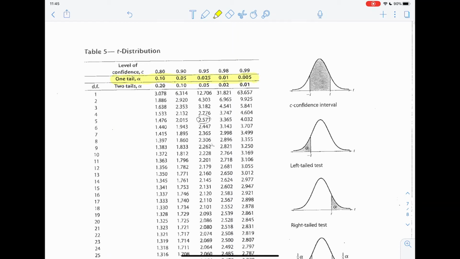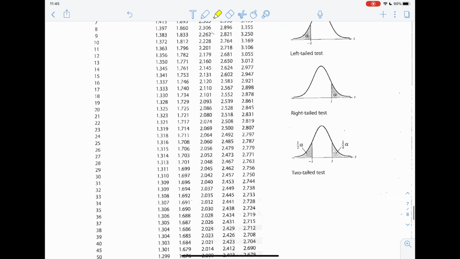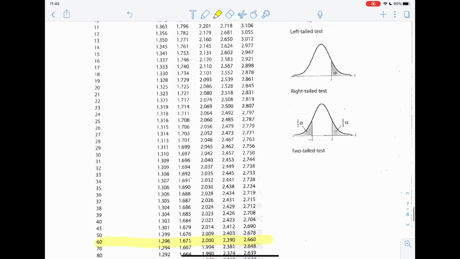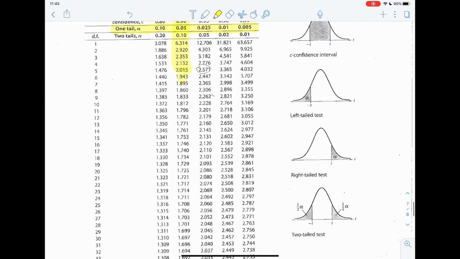We want our level of significance to be 0.05, so that puts us in column 2. And we want to come down all the way until we can find a degree of freedom of 60, which eventually we do find. Eventually it starts jumping by tens. So we want that row, and we said we wanted column 2.